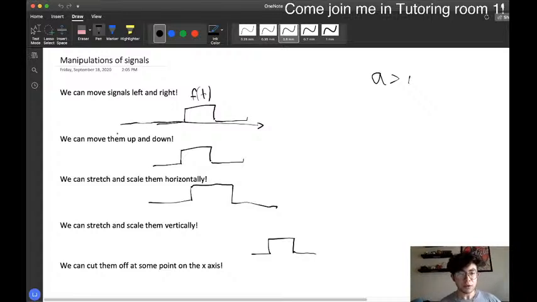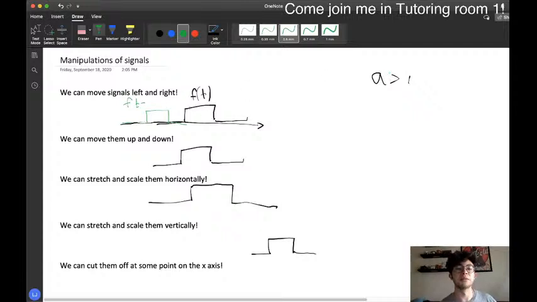One of the features that we have with signals is that we can manipulate them. What this means is that we can move them left and right with a time shift. So if this is our signal f of t, then a shift to the left would be written as, let's assume that a is greater than, say, 1.